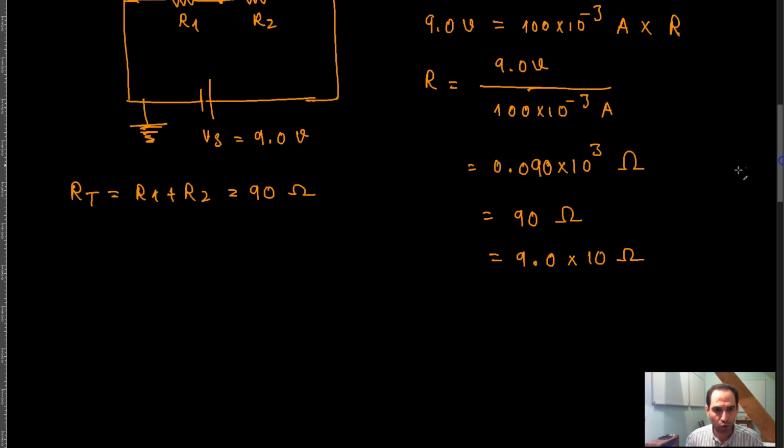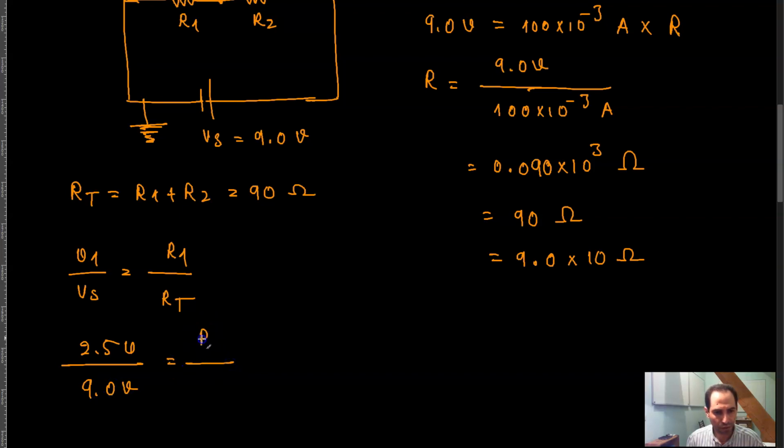Which means I can write V1 to VS is equal to R1 to R total, and R total is 90, so 2.5 volts to 9.0 volts is equal to R1, which we want to calculate, to 90 ohm.